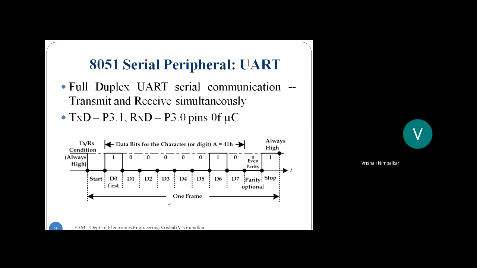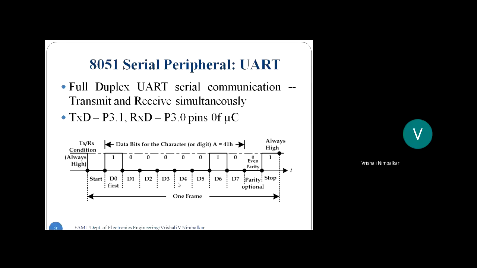We are looking into the serial peripheral of the 8051 microcontroller. In the last lecture, we started with the serial peripheral. The 8051 microcontroller provides one serial peripheral circuitry, and it is of what type? It is full duplex UART communication, universal asynchronous reception and transmission.